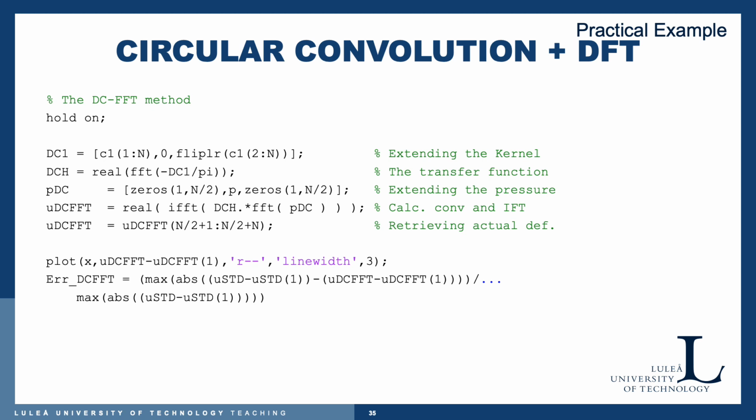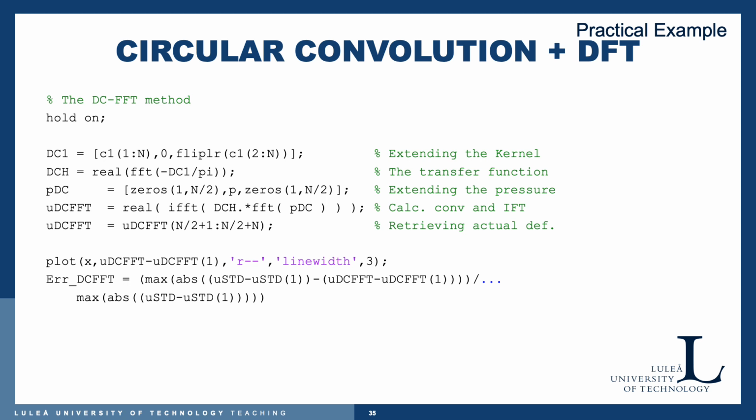So now if you then via the DCFFT method compute the first row of your kernel, here I have chosen to call it the DC1. So it's the discrete convolution row 1, and it's obtained by the values that we had before.